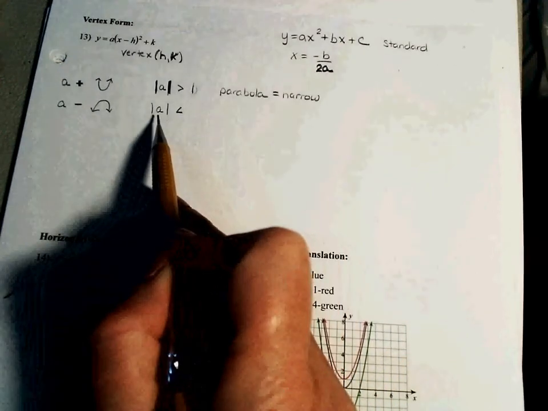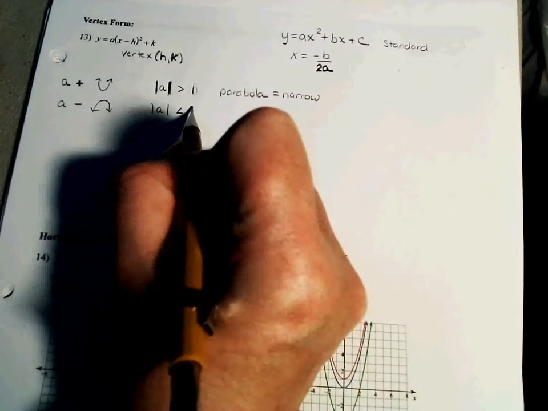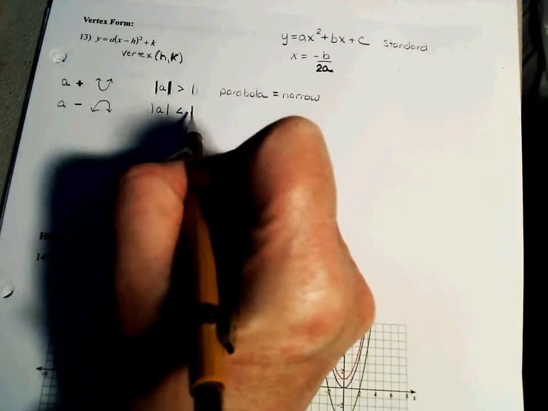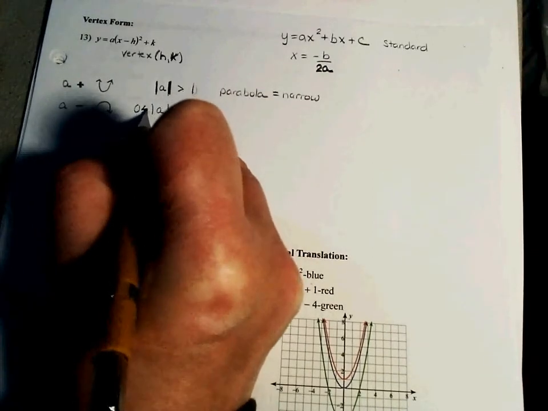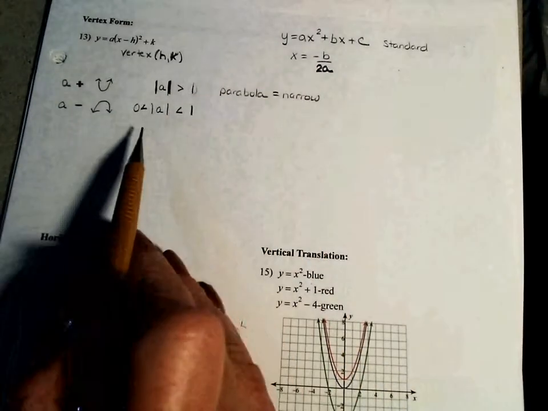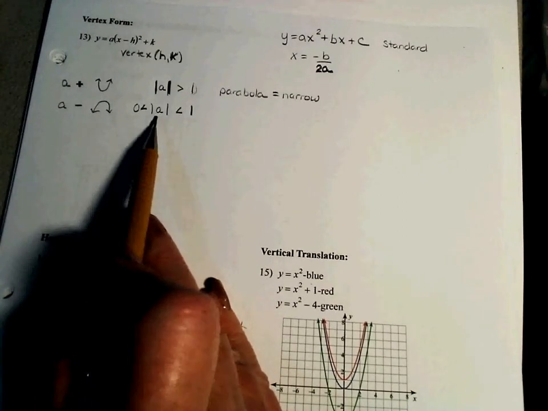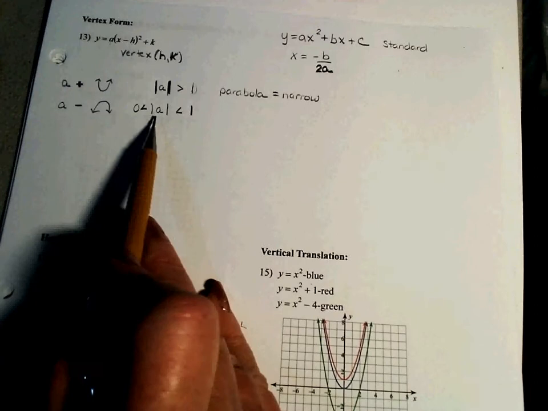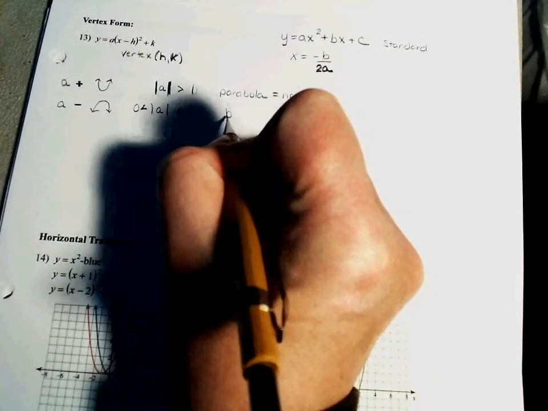If the size of a, meaning the absolute value of a, is less than 1, which means it'll have to be between 0 and 1, so it's like a fraction, 1/2, negative 1/3, because when you took the absolute value, it'd be in there. Any of the fractions that are smaller than 1, your parabola is wide.